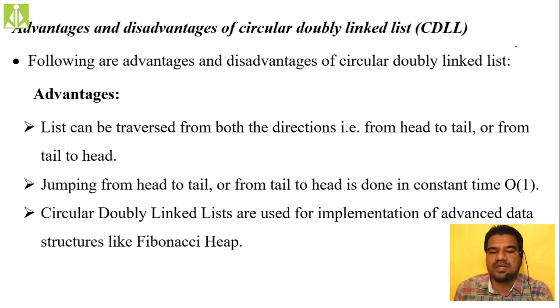So quickly, the advantages. A list can be traversed in both directions. As it is a doubly linked list, we have pointers in both directions, forward as well as reverse.